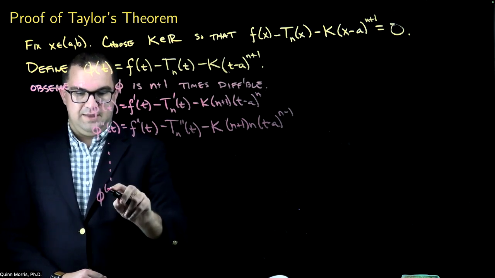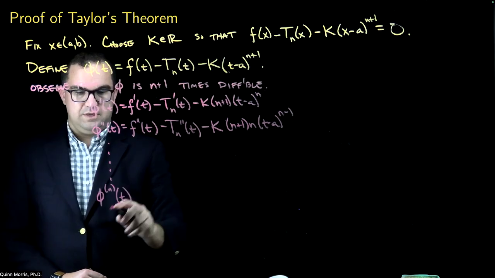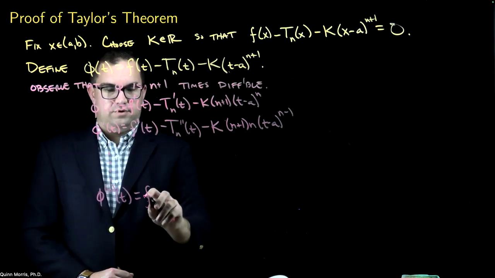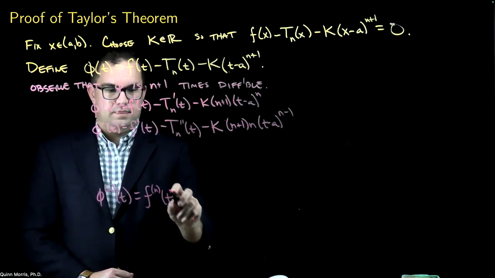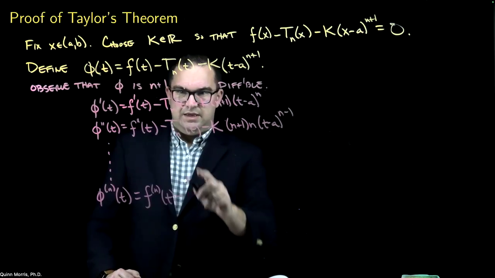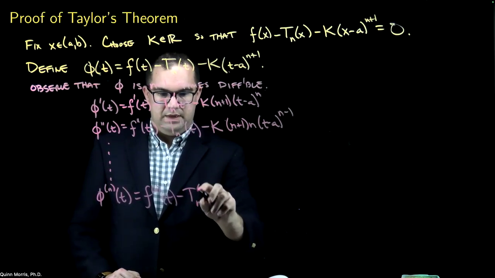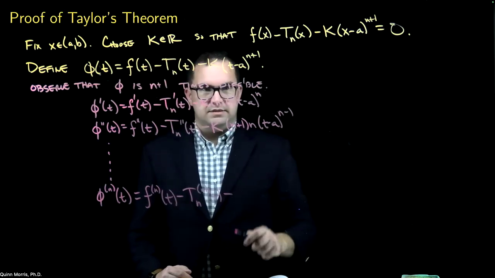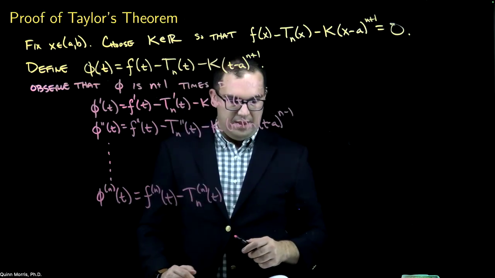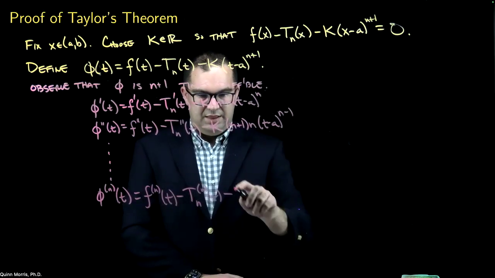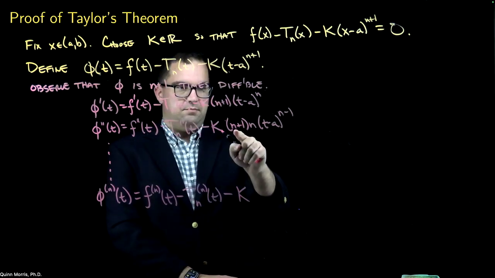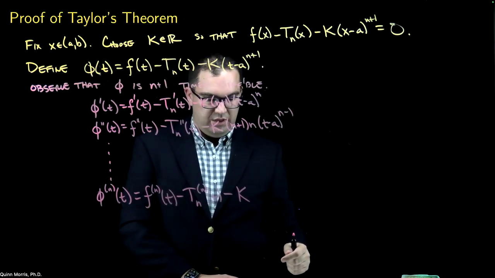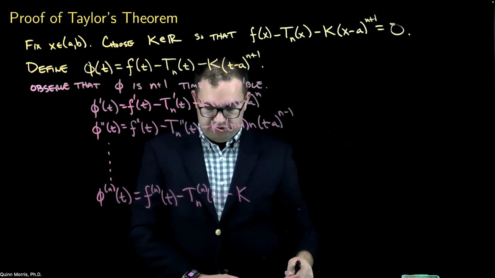Now I can continue this process, say n times. So the nth derivative of phi is the nth derivative of f minus the nth derivative of T sub n minus, let's see, by the time we've come down in derivatives, we had n plus 1, n, n minus 1, n minus 2, all the way down until the last thing that will have come down is a 2.